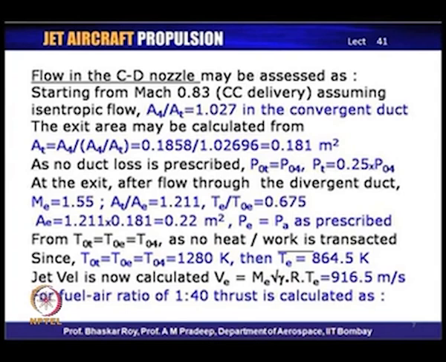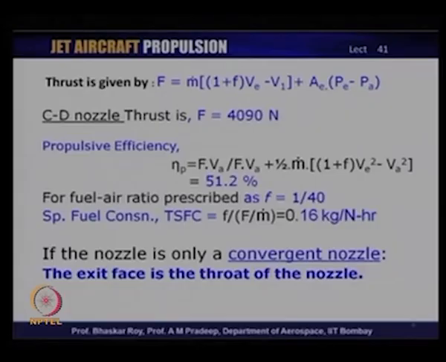Now, the fuel air ratio that has been prescribed for this engine is 1:40, and with the help of this fuel air ratio, the thrust can now be computed using the thrust relation that we have done many times before in this lecture series, and that comes out to be thrust F equal to 4090 newtons or 4.09 kilonewtons.